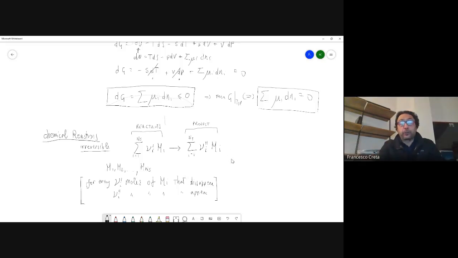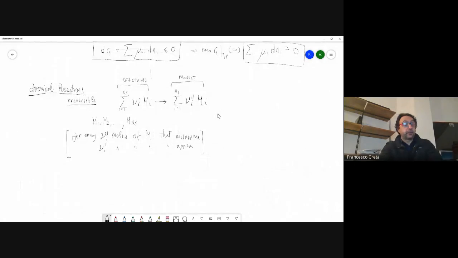Before I go further, let me just do an example so that it appears clear, okay? Suppose I have my chemical system, M1, M2, M3, a very simple system, okay? Hydrogen, oxygen, and water, H2O, okay? So 3 species. So this is M1, this is M2, and this is M3.